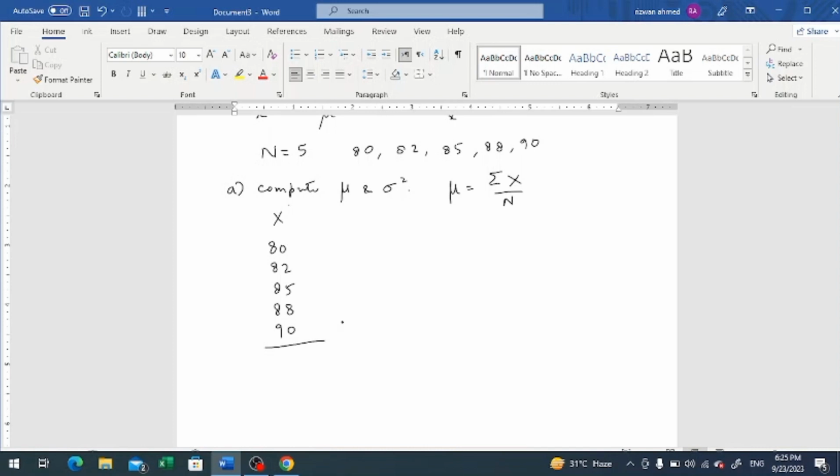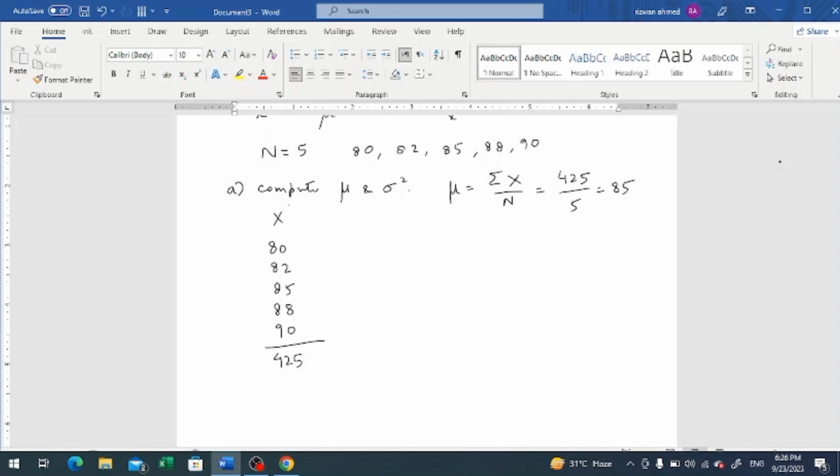So we would add them all. And what is the sum that it would give us? It would give us 425. So 425 is the sum of all the values that we have added together. So 425 divided by 5 would give us 85 as the population mean.